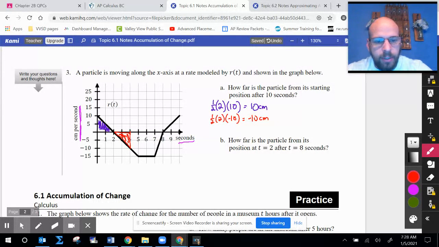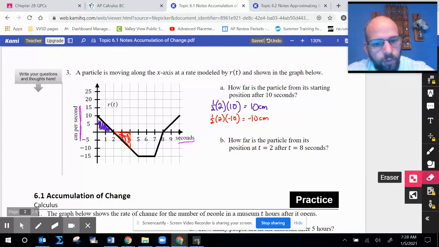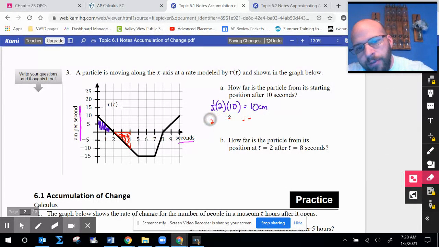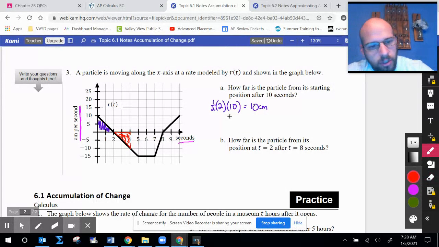And then last but not least, oh, I should have probably gone a little further. No, let's do that. I went only to 4, but that triangle really goes to 5. So let's go back a step, but you can see what I'm about to do. If I go to 5, let's do this whole triangle here. So I'm going to do 1/2 times, from 2 to 5 would be a base of 3, and the height of that triangle would be a negative 15.